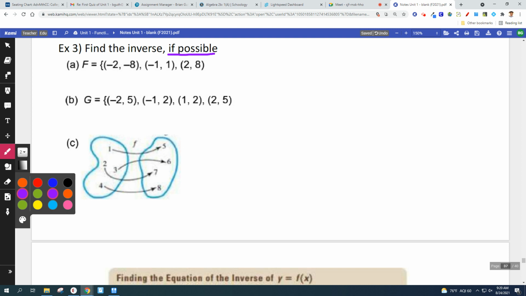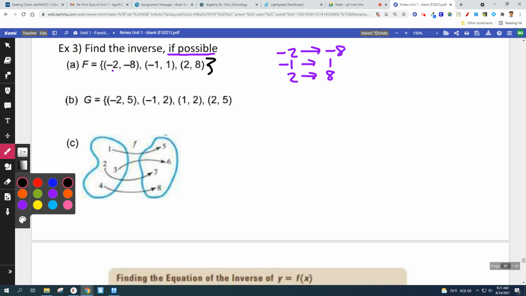The easiest way to look at that is each x number has to go to its own y number, and each y number has to come from its own x number. If I look at it like a mapping instead of like a set of ordered pairs, it becomes clear that this one does.